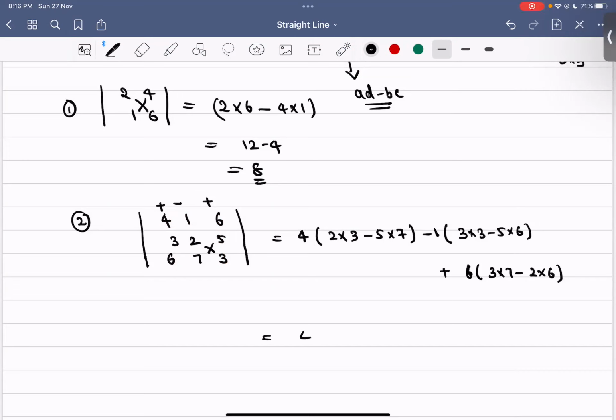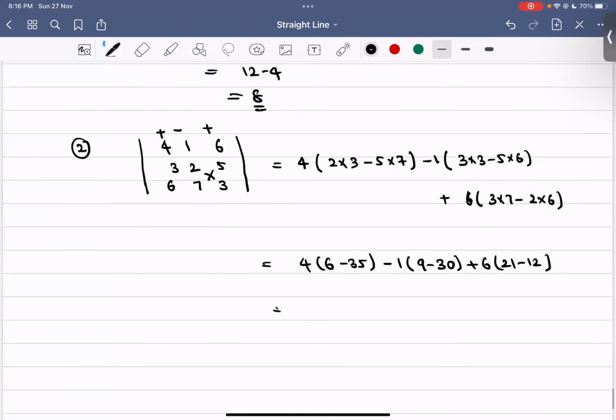So this is equal to 4 into (6 minus 35), minus 1 into (9 minus 30), plus 6 into (21 minus 12). So this is equal to 4 times, what is this?